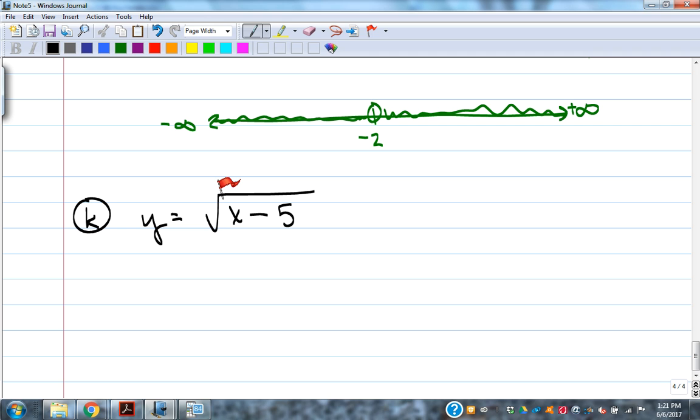Anytime it's a square root with an X inside, what you've got to find out is what keeps the inside of that square root positive or 0, greater than or equal to 0. So we set x minus 5 greater than or equal to 0. Whatever's inside of the square root, set it greater than or equal to 0 and solve it. Get x by itself.